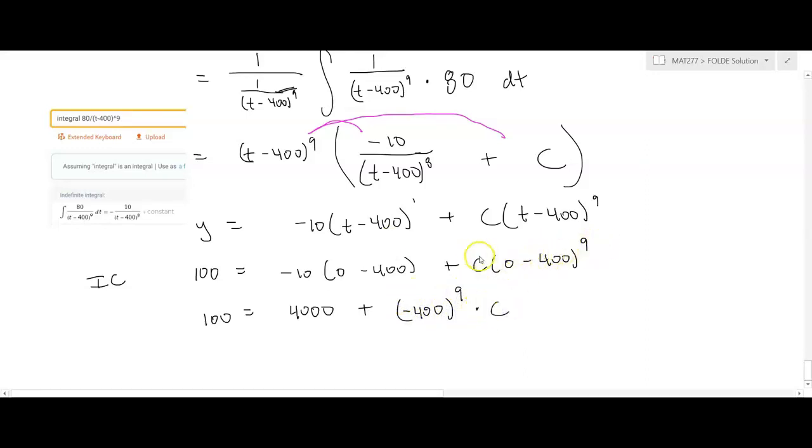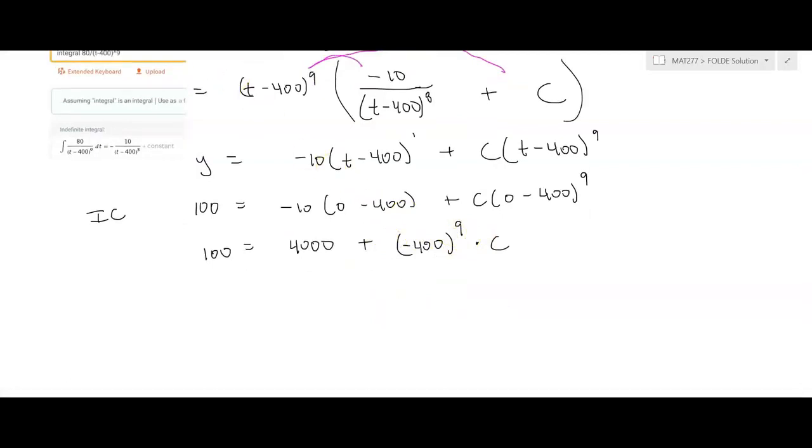Now I'm not actually going to try to calculate this in my calculator because negative 400 to the ninth power is going to be a very sizable number. So to write that out is asking for some trouble, to write out too many decimal places. So I'm just going to leave it like that.